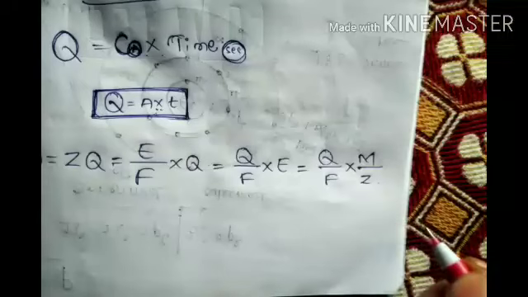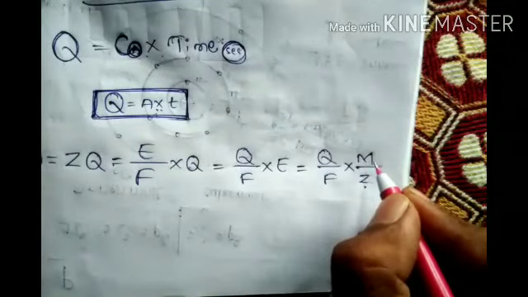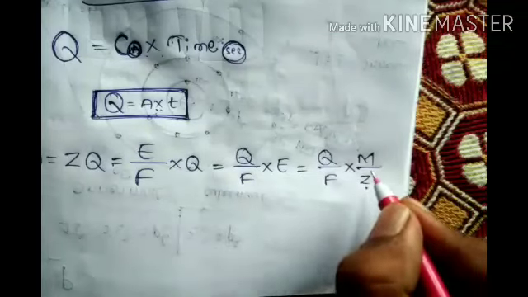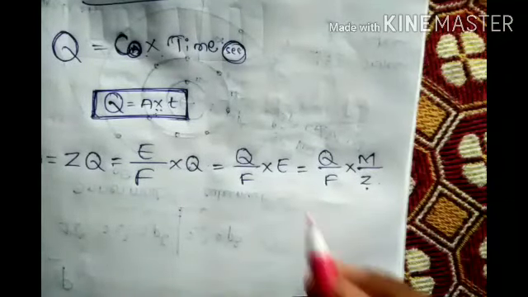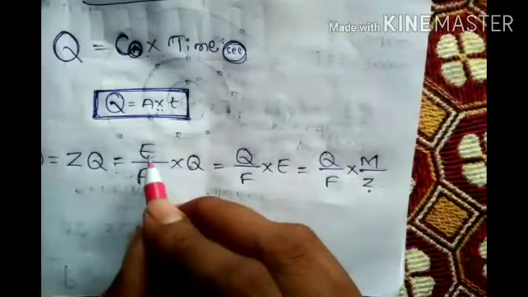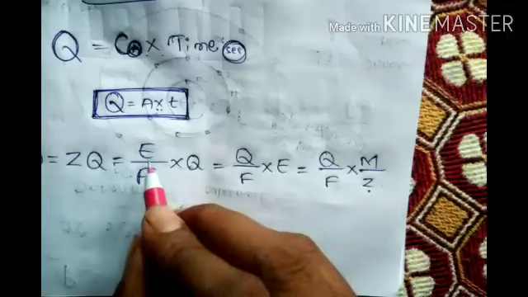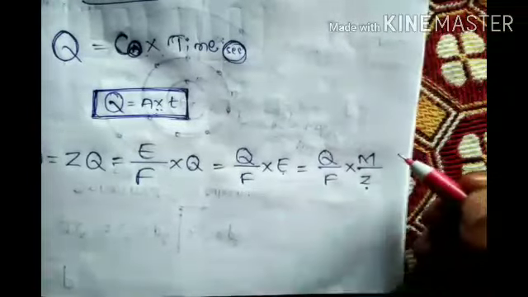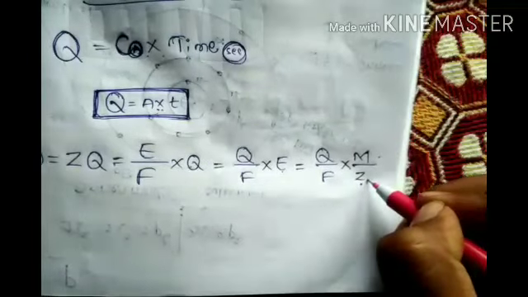Valency of the metal. M is the atomic mass of the metal. Sorry, equivalent weight equals mass of metal by valency of metal.